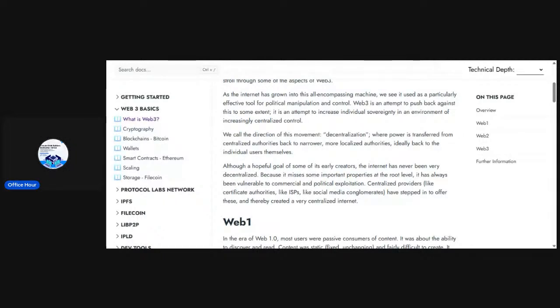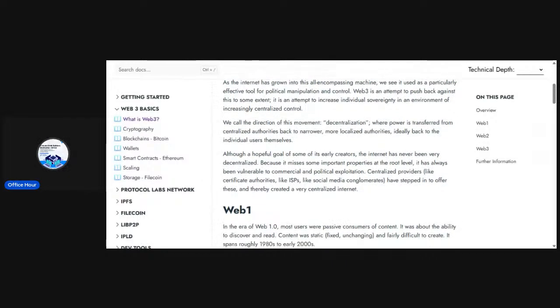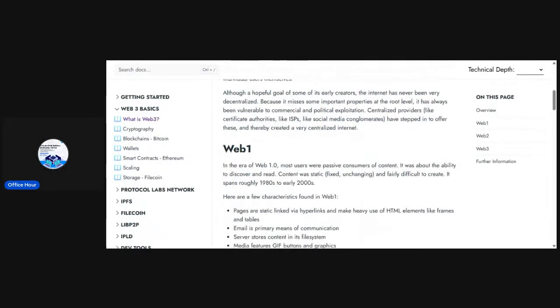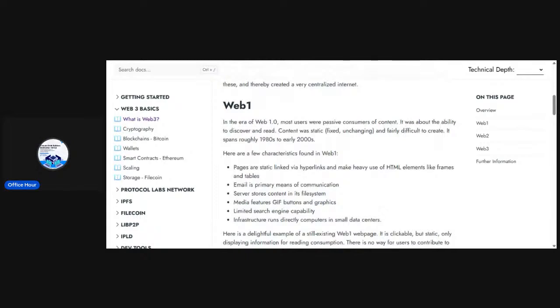A lot is happening. So Web1, you know what Web1 is about, so let's not spend much time on it. For those who are new, Web1 was the first phase of the internet, where we have static links, hyperlinks. Email is the primary means of communication.